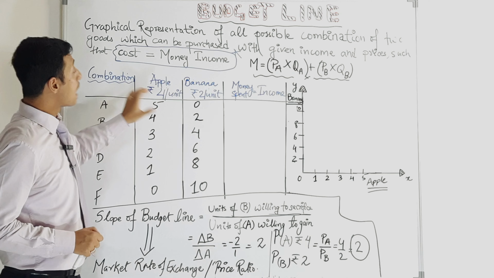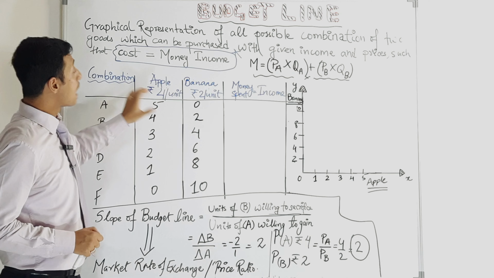So what is a budget line? Budget line is a graphical representation of all the possible combinations of two goods which can be purchased, which is possible for a consumer to purchase with the given income and price of the two goods.